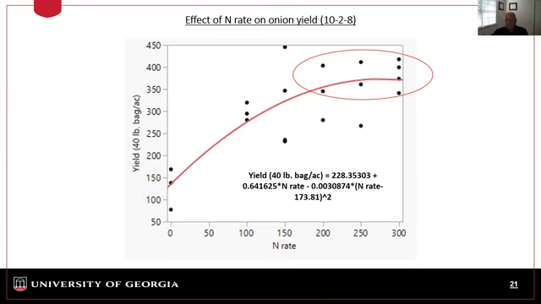So this suggests that this feather meal based product that's typically more readily available, we can use much lower rates of that because it is much more available to those crops and maybe more quickly available, and that we can significantly dial back what we're putting out.